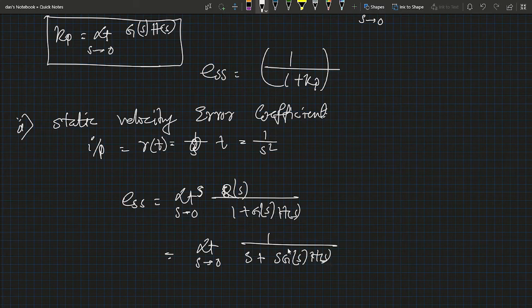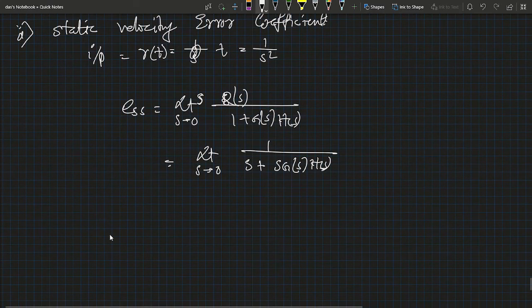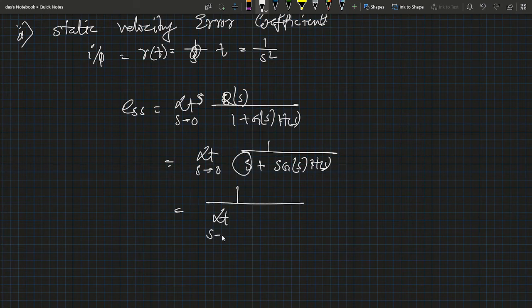Right. So now as s tends to 0, this part equals 0. It is only present in the remaining term, that is s G(s) into H(s). So now the velocity error coefficient is defined by Kv.